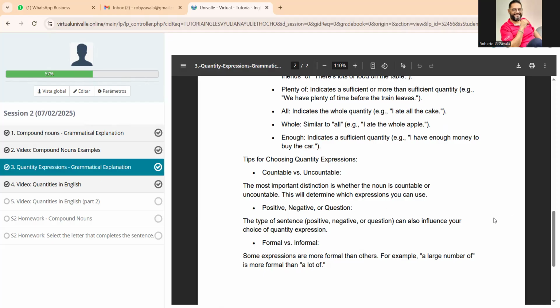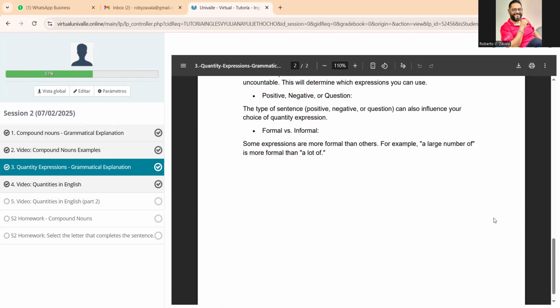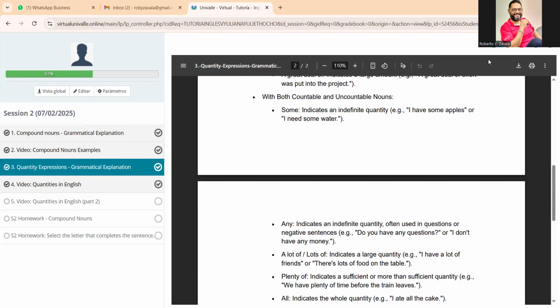Formal versus informal: some expressions are a lot more formal than others. For example, a large number of is more formal than a lot of. That's pretty much it with the grammar explanation. Everything else, we have a couple of exercises that we need to complete.